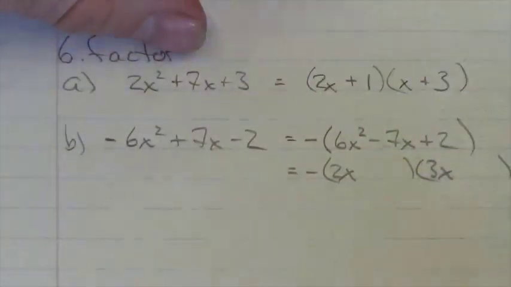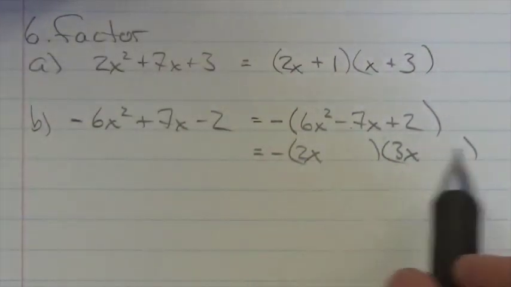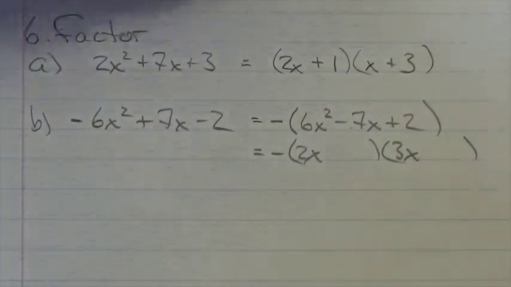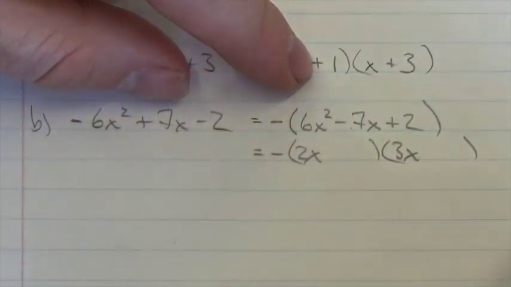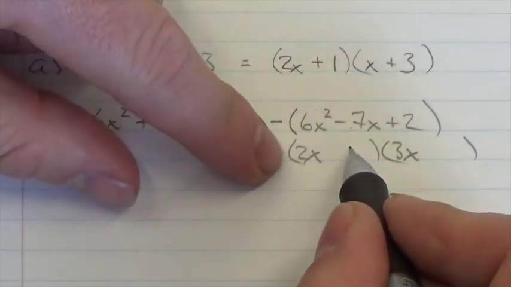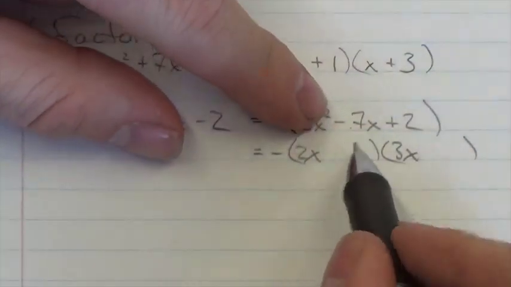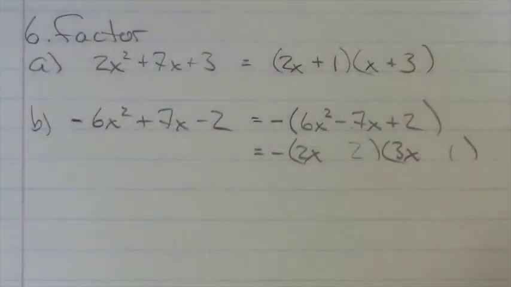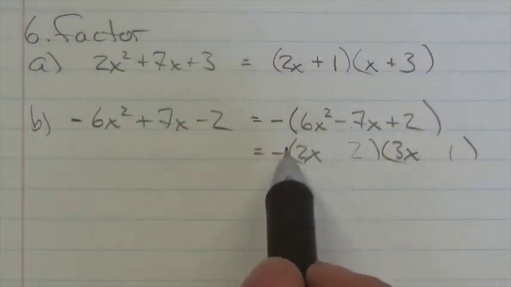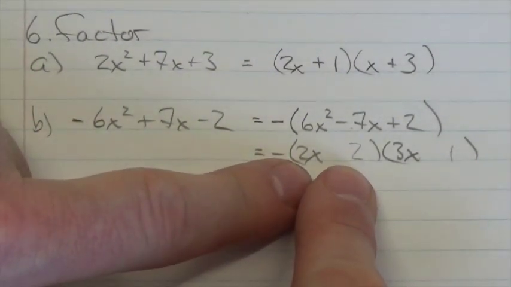And now 2 is a prime number, so it's either going to be 1 and 2 or 2 and 1. But I do want that middle term to add up to a 7 here. Now, it doesn't make sense for me to guess even 2 and 1, and I hope everybody sees that. If I put a 2 here and a 1 here, notice that what I've done is I've created a binomial that has a common factor of 2 here.